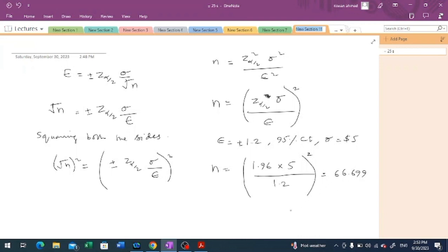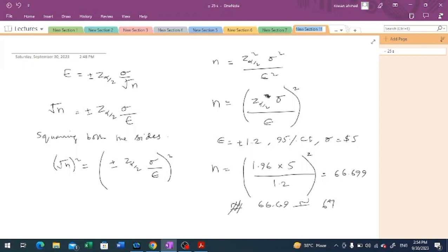We need to round it off to the next number. 66.69, if rounded up, would give you 67. So 67 should be the sample size that will reduce the margin of error from 1.79 to 1.2 in the current scenario.